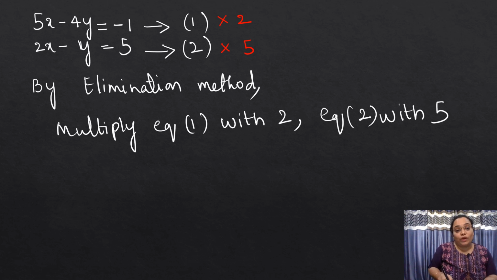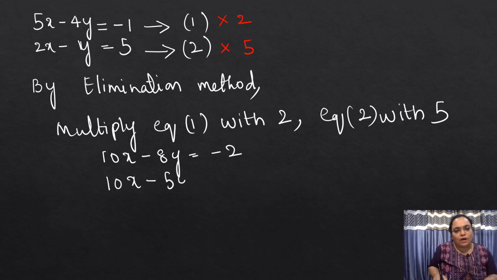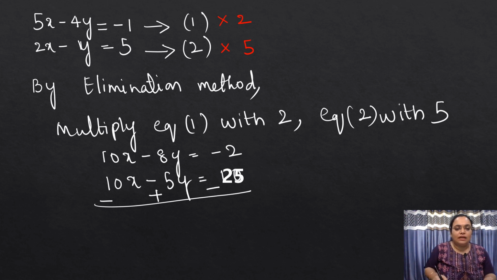How will the equations change? 10x minus 8y equals minus 2. 10x minus 5y equals 10. I will subtract, changing the signs. 10x and minus 10x get cancelled.